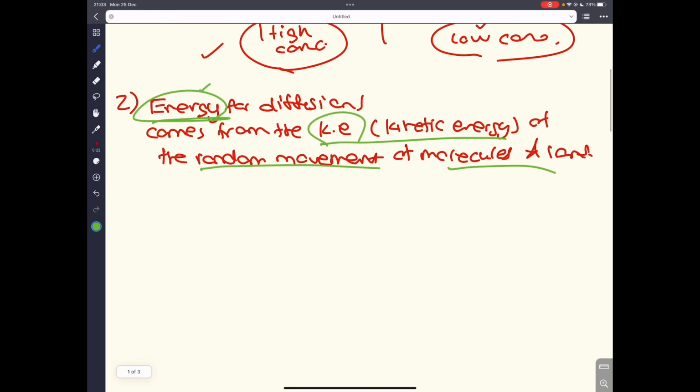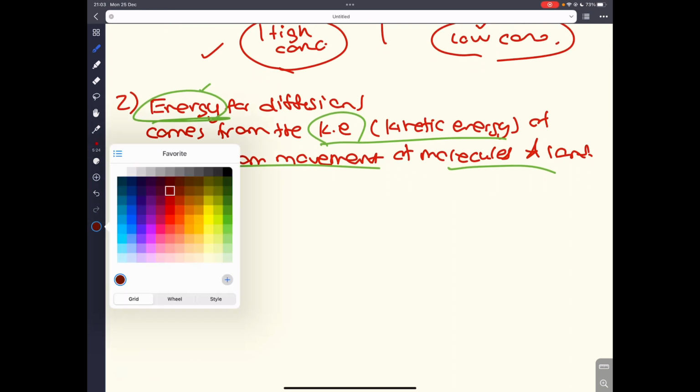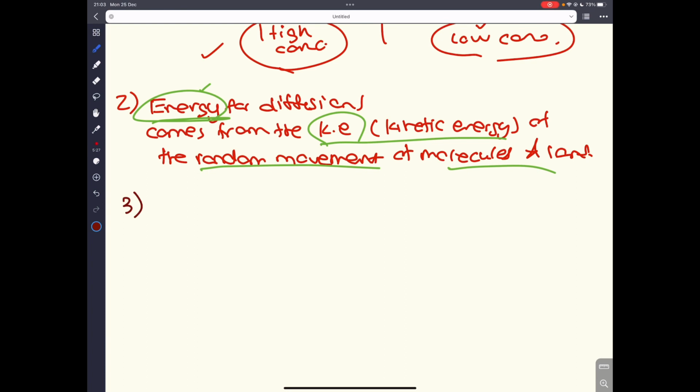Okay. Now, thirdly, I want to touch upon the fact that some substances move into and out of the cell by diffusion through the cell membrane.